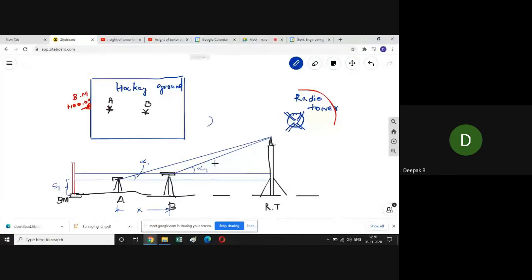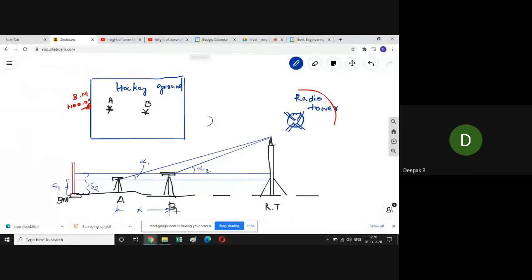You'll call it alpha 2. Similarly, you'll also look back into the leveling staff that is kept here and also take this height, because you will be directly able to sight it, and from the graduations or the readings in the leveling staff you will be able to find the distance or the height S2.